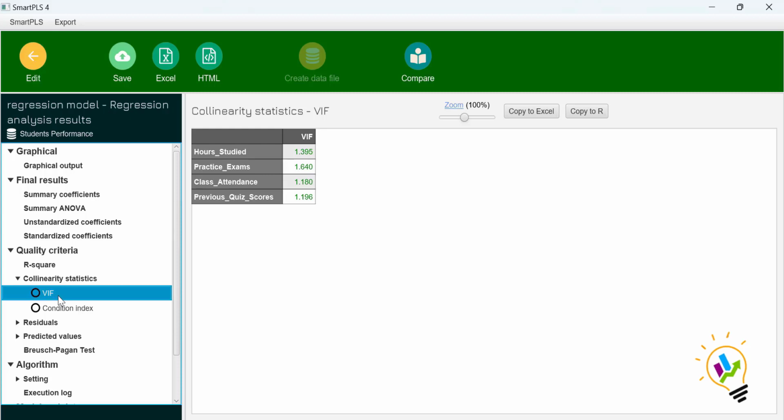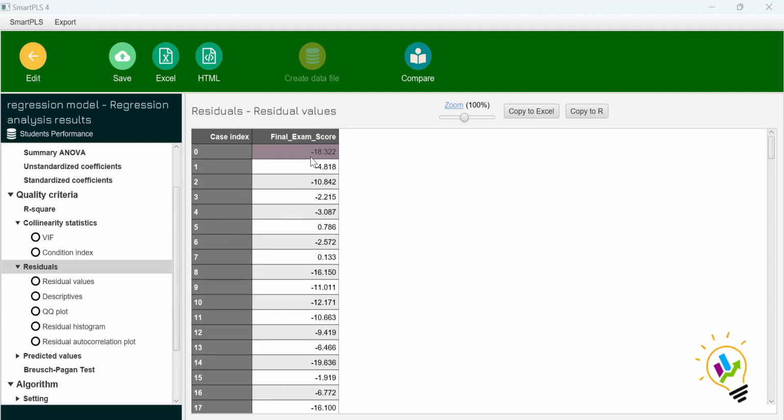A VIF value greater than 10 indicates that there is a high degree of collinearity between the independent variable and the other independent variables. The VIF values for the independent variables in our model are below 1.7. We can see here all the values are below 1.7, which indicates that there is no significant collinearity between the independent variables. This is a good sign, as it means that the independent variables are not too highly correlated with each other.